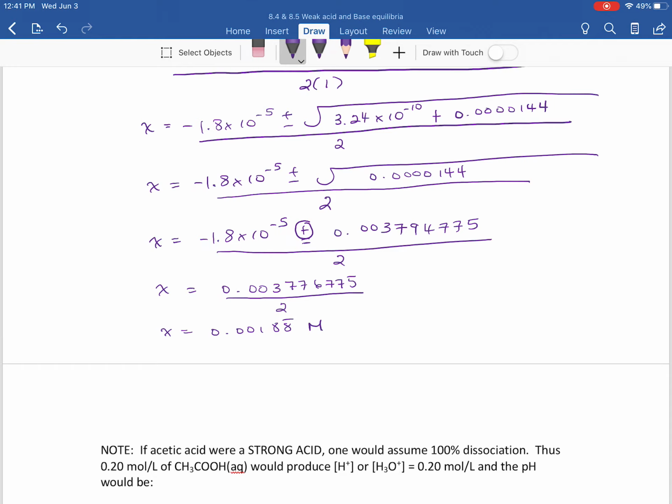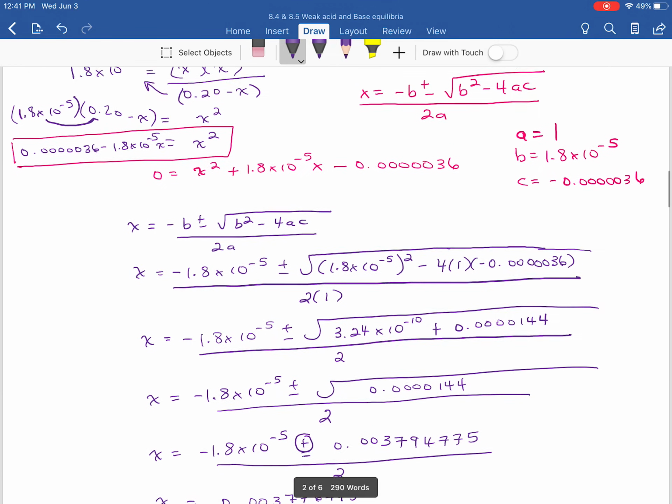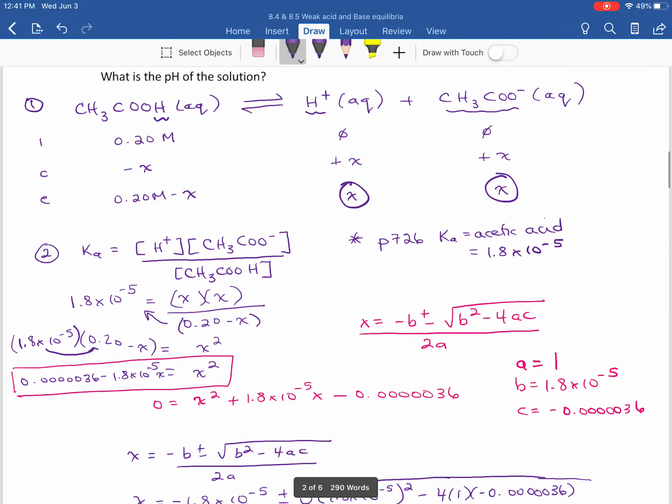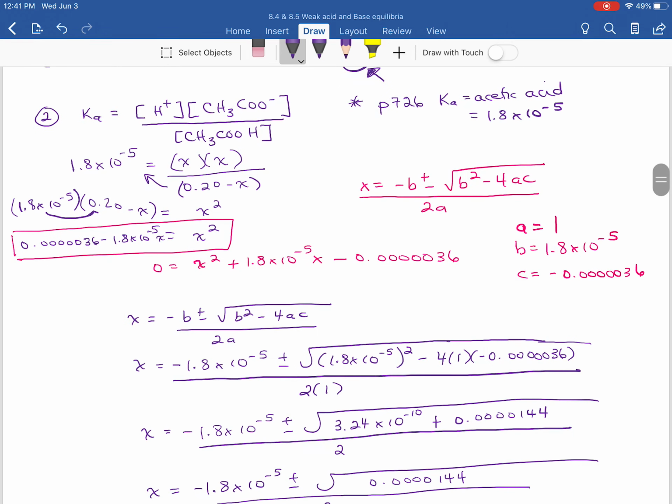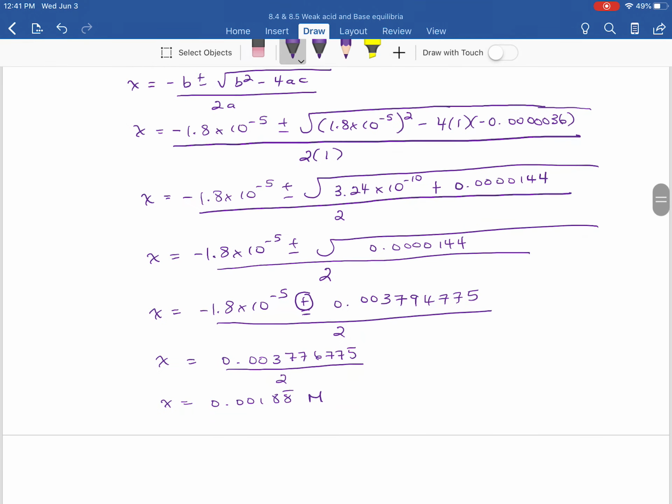Now, what does that even mean? Well, that x, I'm going to swing on up for a moment. That x represents this right here. So we know that our concentration of hydrogen ion is this value.